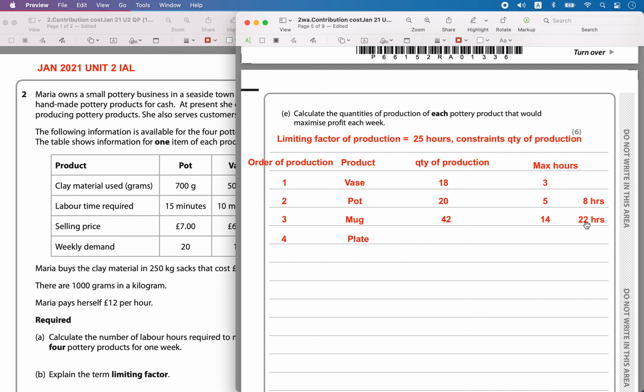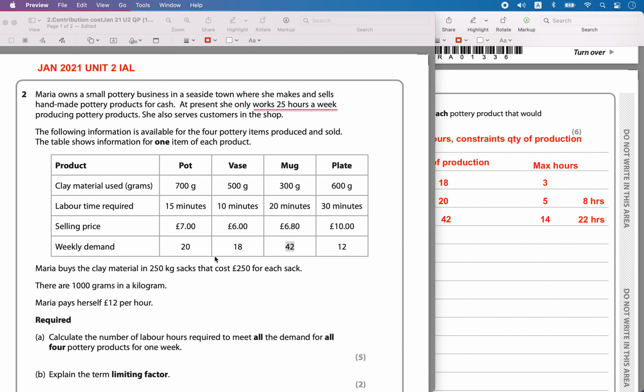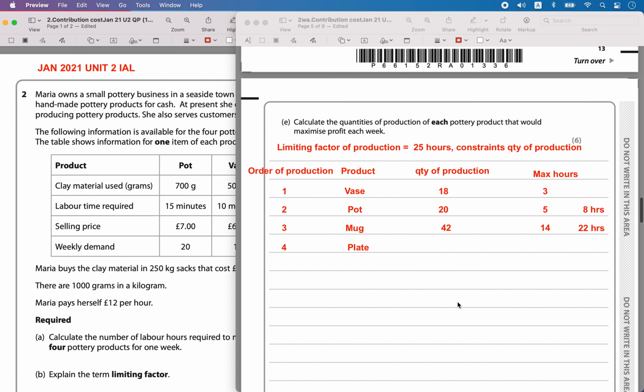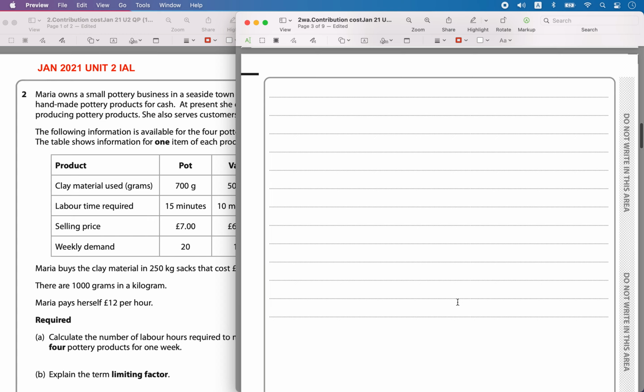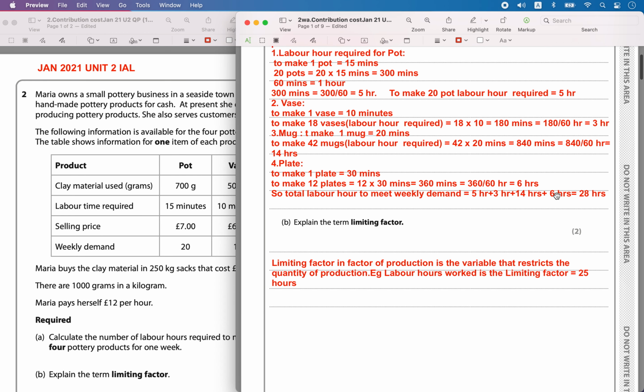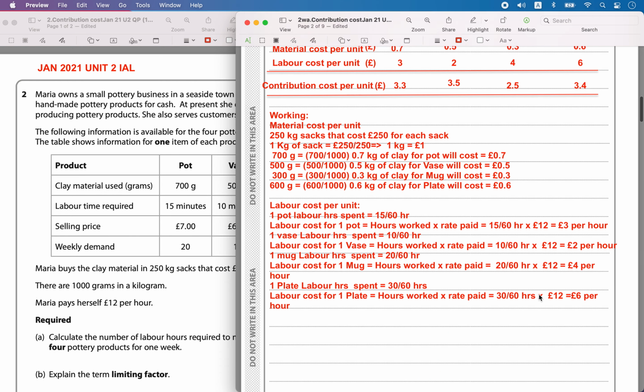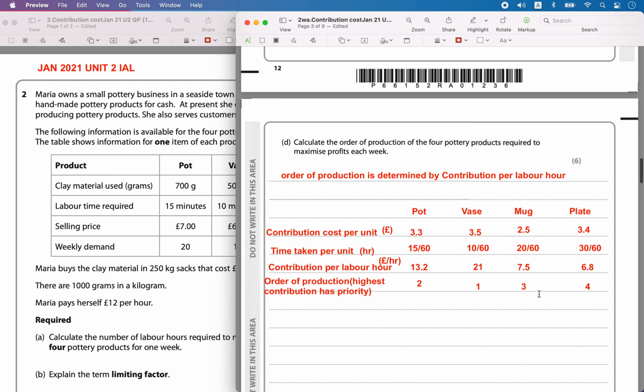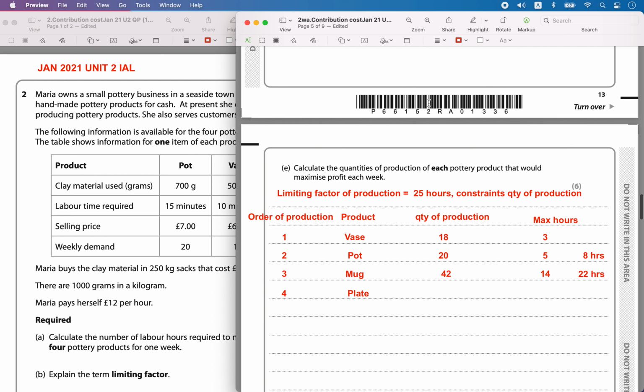Then we have just 3 more hours left, 25 minus 22, because to make 12 plates it requires 6 hours. Six hours is not possible.